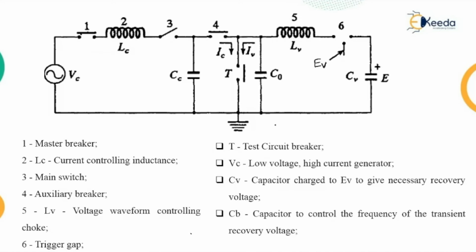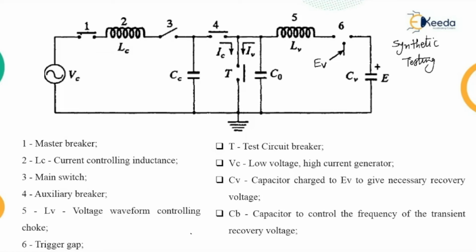For that, refer to this particular diagram. This is the schematic diagram showing synthetic testing of circuit breaker. The purpose of doing this particular test is that due to very high interrupting capacities of circuit breakers, it is not economical to have a single source to provide the required short circuit and rated voltage test.